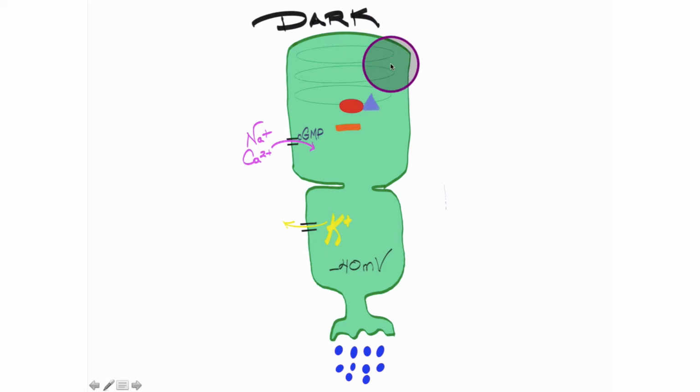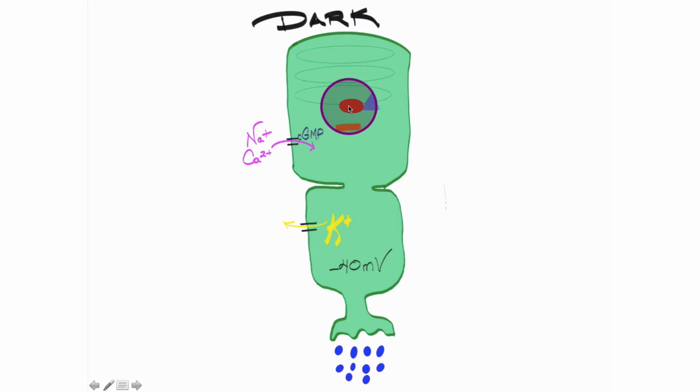Other things to look at in this cell, in purple right here, we have what's known as a light sensitive protein or light receptor protein that gets activated, undergoes a conformational change when it's activated or energized by photons or light rays.